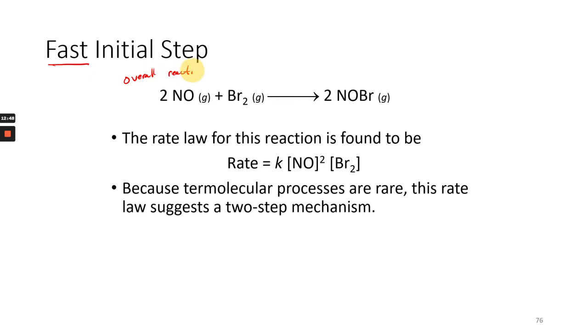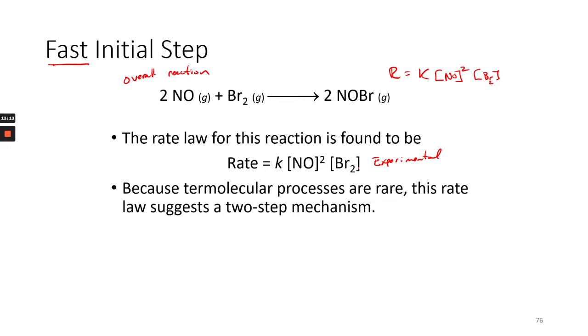When we did experiments in the lab, we found this experimentally. Now, if you look at this, and you just take rate equals k times the concentration of your reactants raised to their coefficients, you happen to get the rate law you found experimentally.